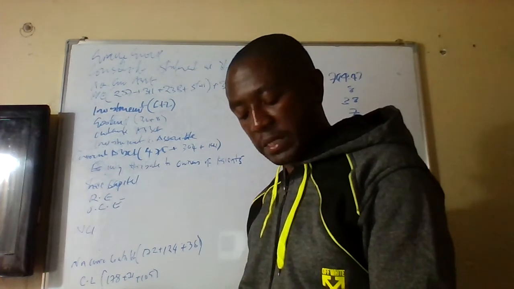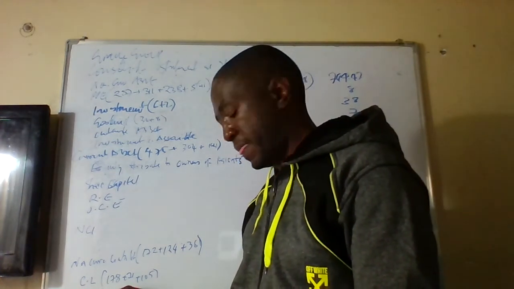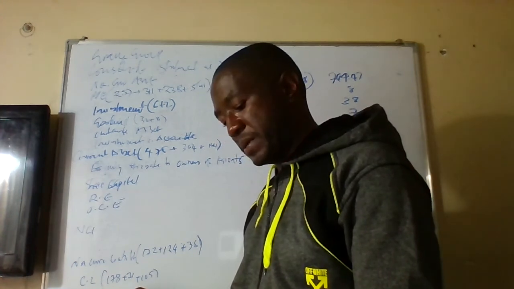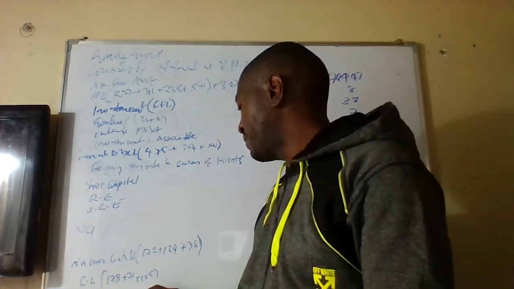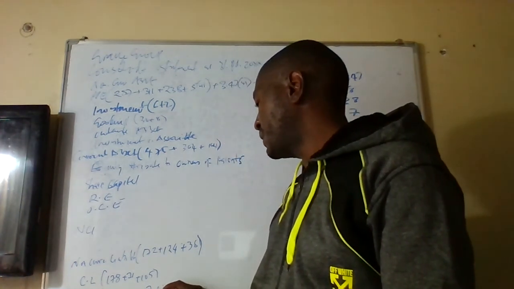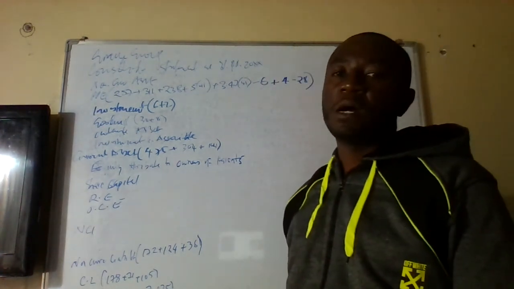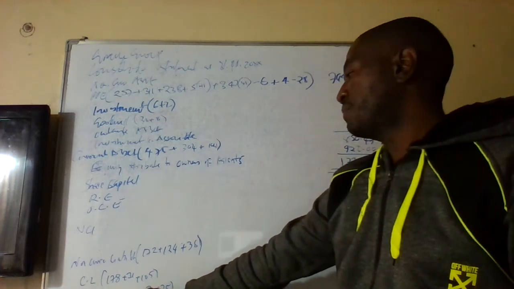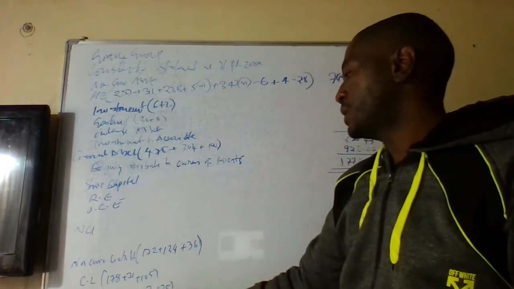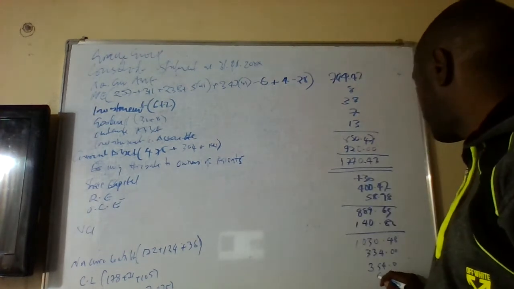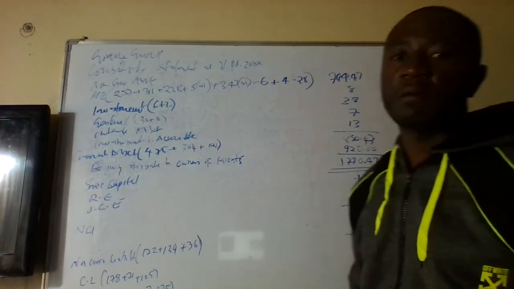Then provision, what is in the question is 10 plus, in the balance sheet, 10 plus 6 plus 4. Environmental provision 7, and the contingent liability at the end 25. So that should give you 52.